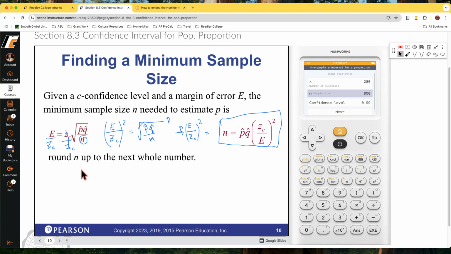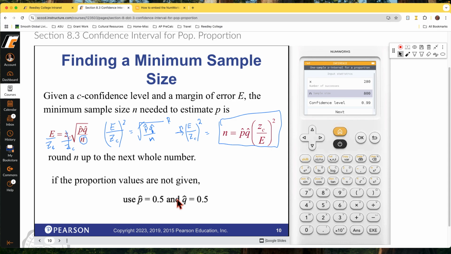Okay, so remember, if n is a decimal, you round it up to the next number, because sample size has to be a whole number. If they don't give the proportion values, because sometimes that happens, they don't give us p and q, then we can use an estimate. We say, let's start with 50-50.